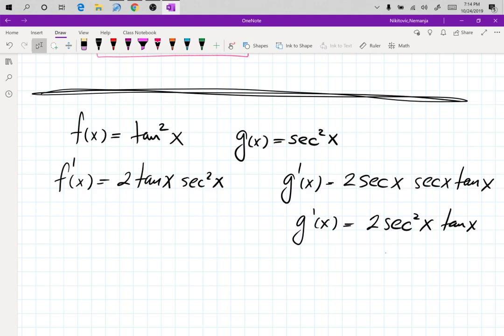See? So they're not asking about the difference of derivatives. Difference of derivatives clearly is 0 because it's the same thing. They're asking what you can say about f minus g now that you know the derivatives are the same.